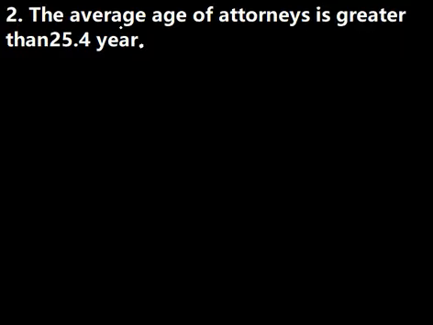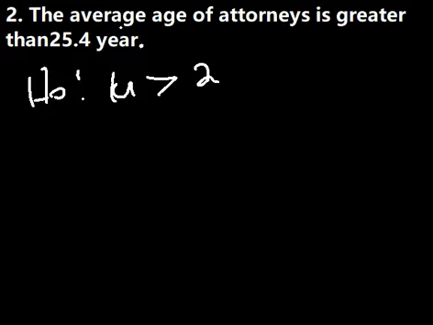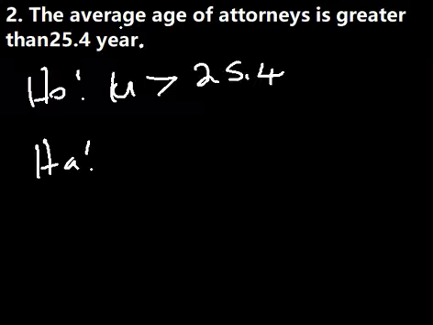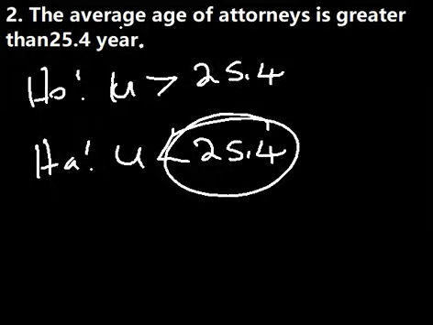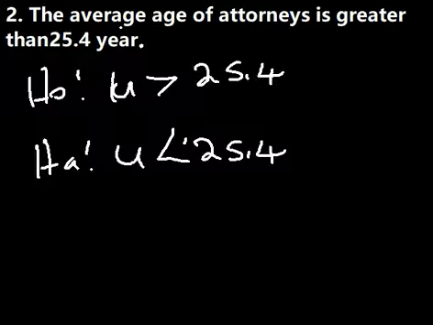The null hypothesis, H0, is mu is greater than 25.4 years. In this case the alternative hypothesis will be mu is less than 25.4 years. So take note of that. This is a one-tailed test, and that is a left-tailed test.